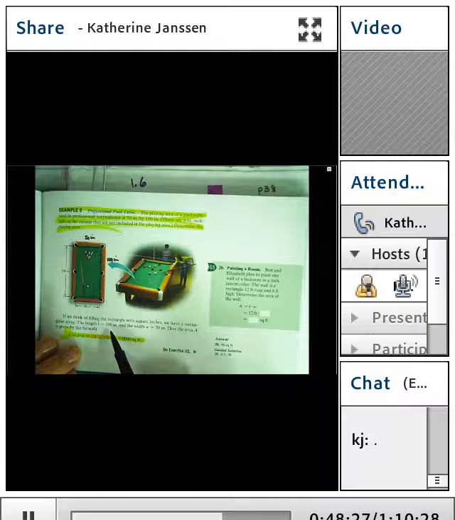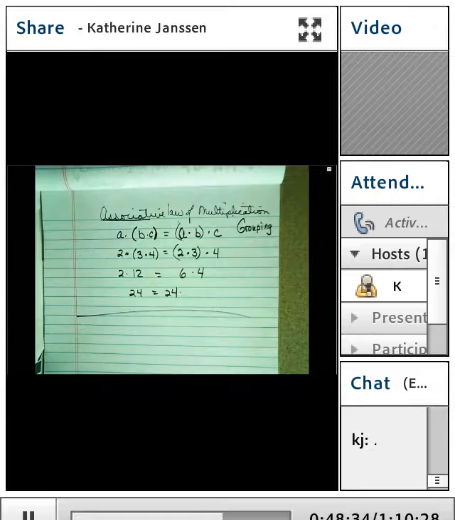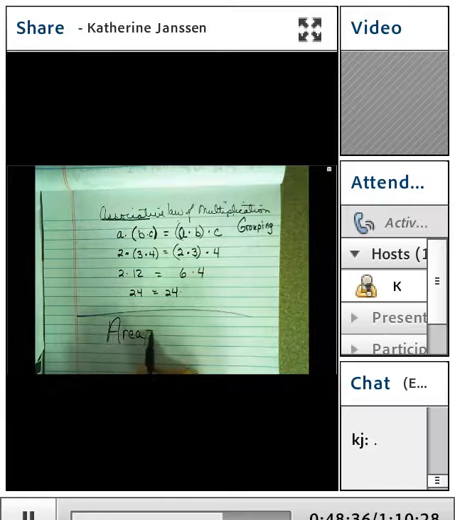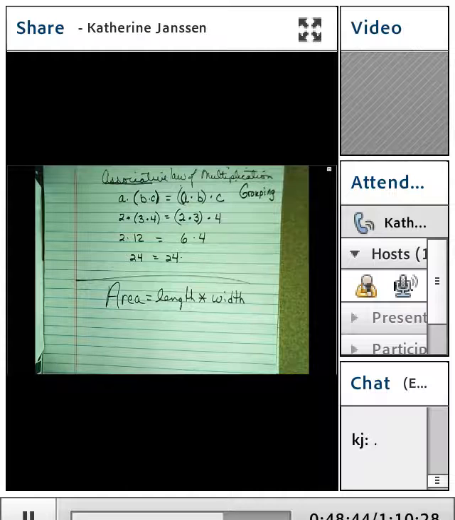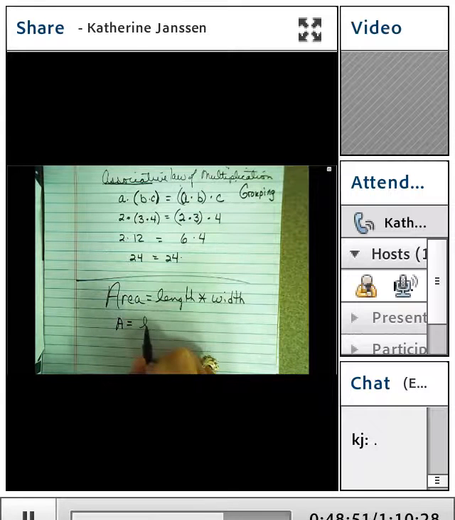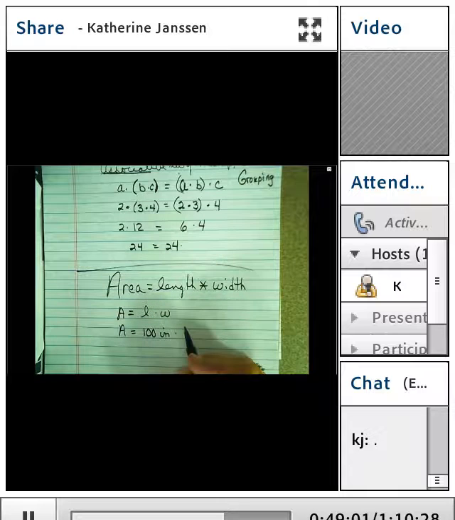Area is equal to the length times the width. So the area of this pool table playing area is the length times the width. And they told us that the length is 100 inches and the width is 50 inches.